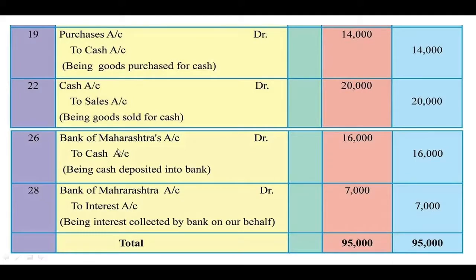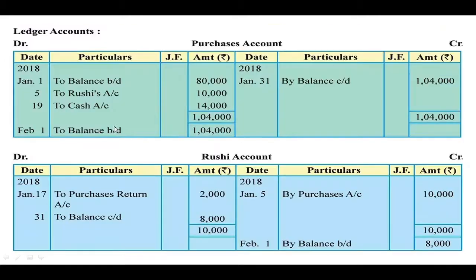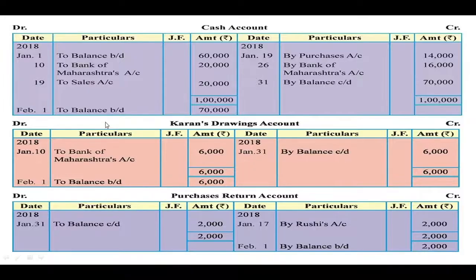In this, Bank of Maharashtra account is debited and cash account is credited, and Bank of Maharashtra is the opposite account. So the entry will be recorded on the credit side of the cash book.